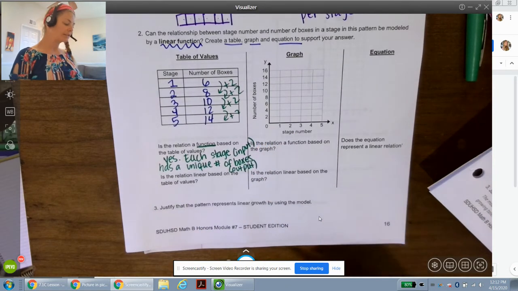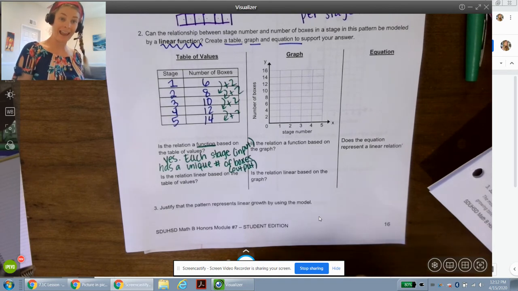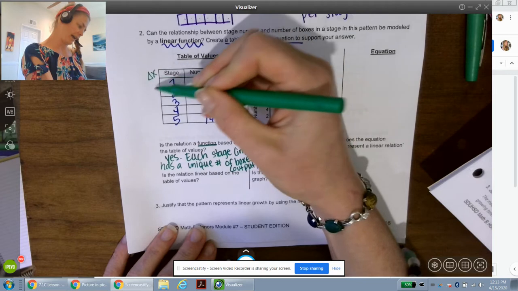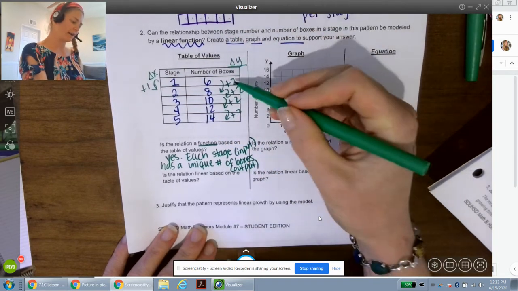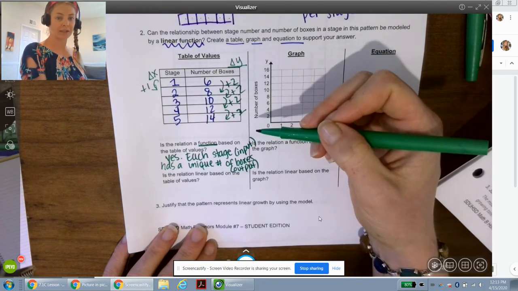Is the relation linear based on the table? Well, remember what we looked at for a table to see a linear relation. To look at a table to see if it's a linear relationship, we look for a constant first difference. As the change in x is changing by 1, if the change in y is constant, which it is, we know the relationship is linear.